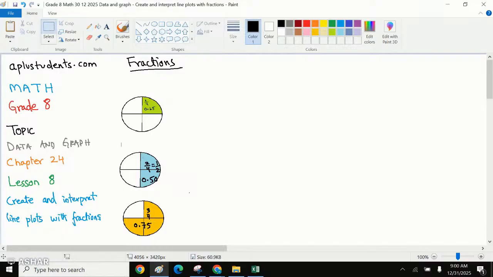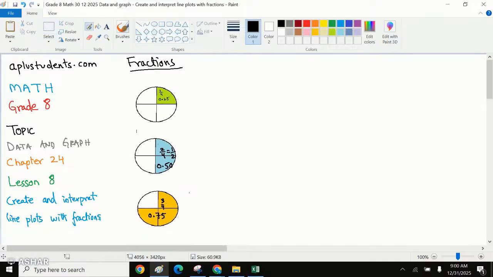These decimals and fractions are equivalent numbers, so we need to remember these values first. 1 upon 4 is less than 2 upon 4 because the numerator is greater in the second. Similarly, 3 upon 4 is the greatest fraction out of these 3. If we can relate these fractions, it will be very easy for us to break a number. One can be broken down into 4 segments.